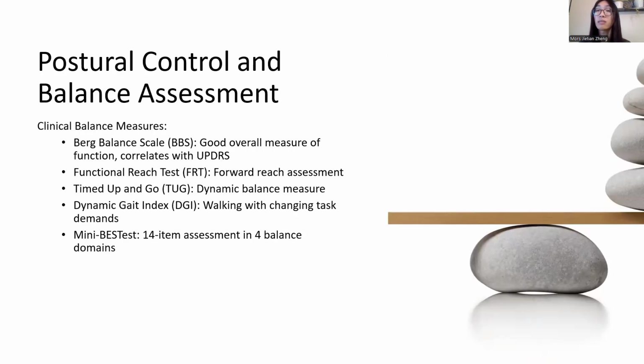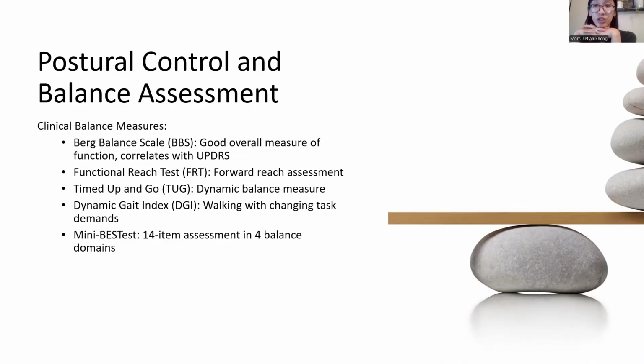Balance assessment in Parkinson's disease requires multiple clinical measures because postural control is complex and covers multiple aspects. The Berg Balance Scale is particularly valuable because it correlates well with the UPDRS and provides a very good overall measure of function in this population.